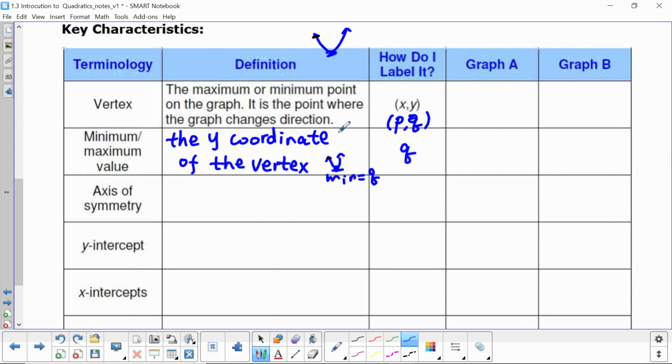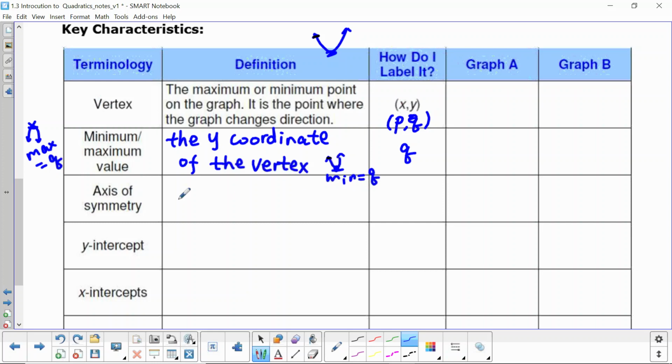And if the graph opens down, then you will have a maximum value at the vertex, so you write maximum equals Q. This is how you answer questions asking for the maximum or minimum value of a quadratic function: either maximum equals Q or minimum equals Q.